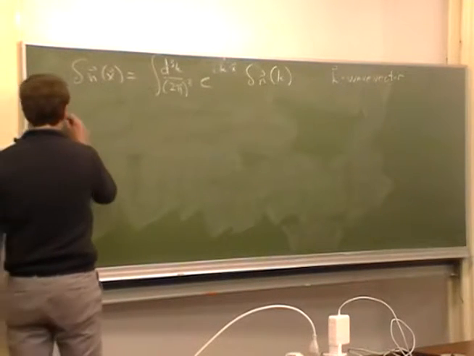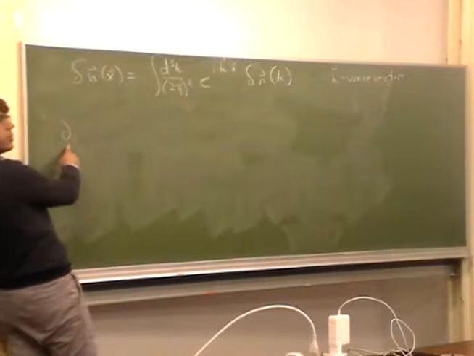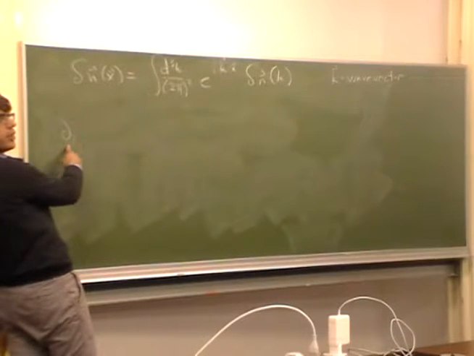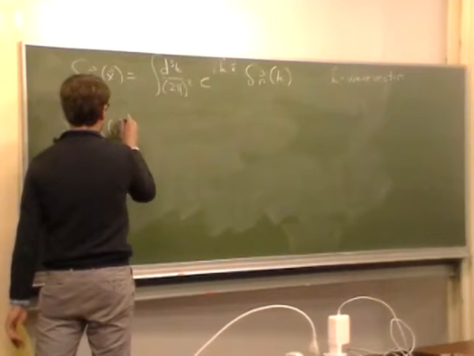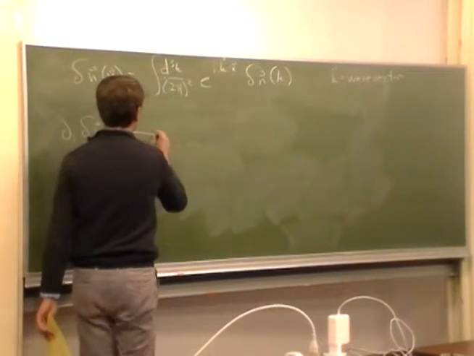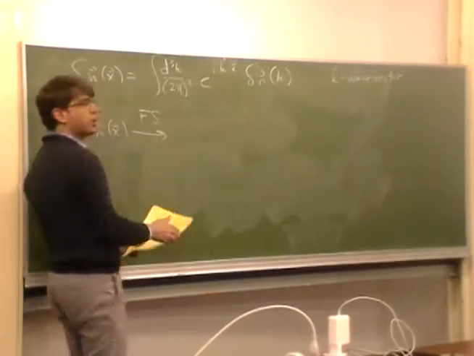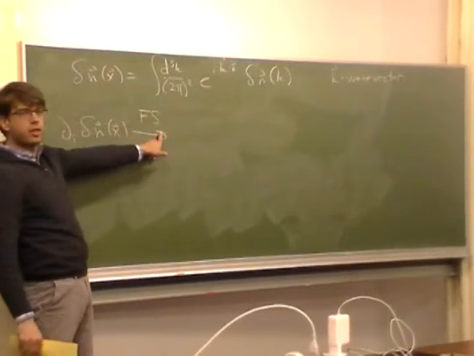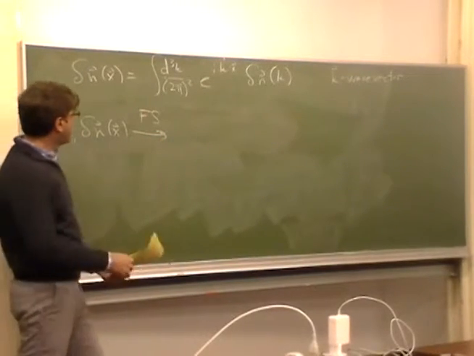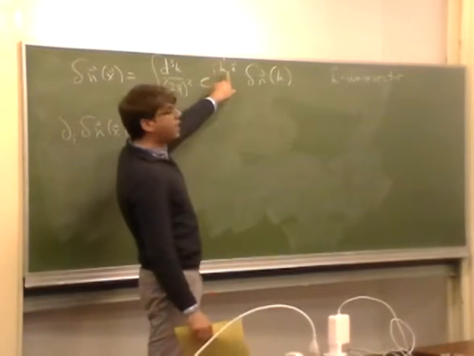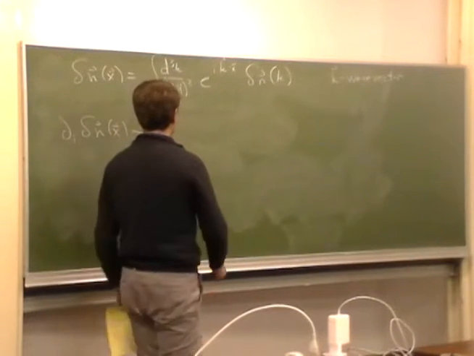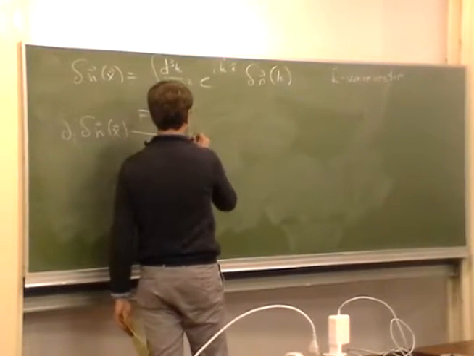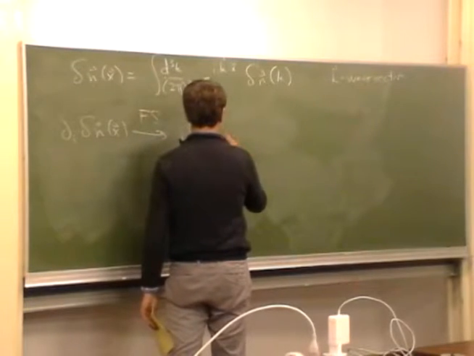If I take the partial derivative with respect to the ith component of the spatial direction, in Fourier space this is equivalent to pulling down the ith component of the k vector. Why is that? Let me write it down and I'll discuss what I mean.